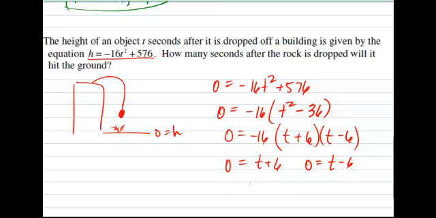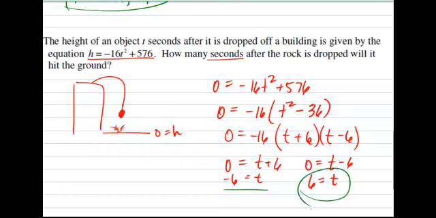So when I solve for t, I'm saying t is equal to negative 6 and t is equal to positive 6. Remember that we are looking for seconds. I cannot have a negative 6 for seconds, can I? That doesn't exist. But I can have a positive 6 for seconds.